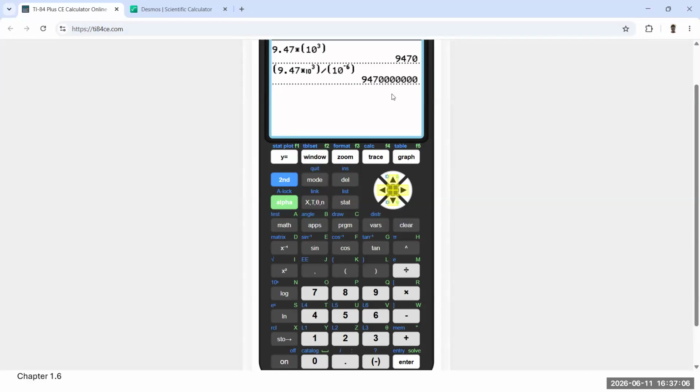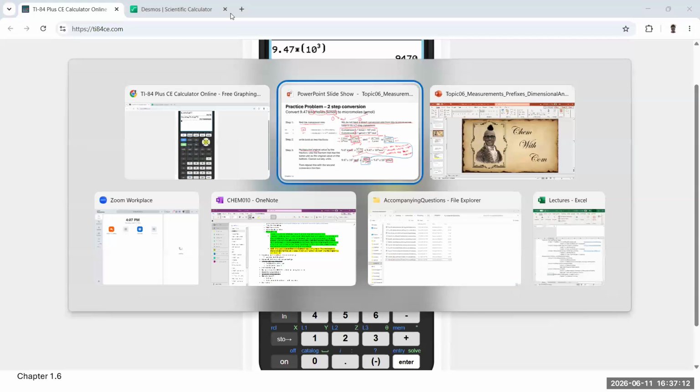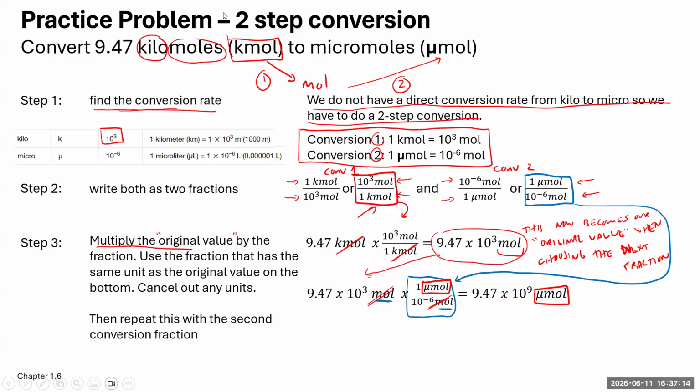So I got this pretty large number, and that's going to be the same number as 9.47 times 10 to the 9th. Right? So basically this number, 1, 2, 3, 4, 5, 6, 7, 8, 9. It's like 9 billion, 470 million micromoles.